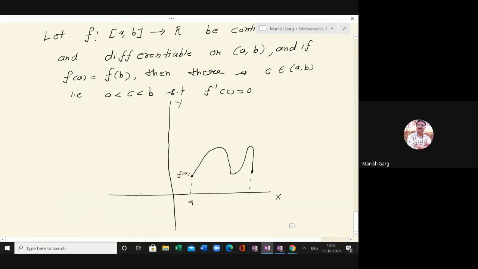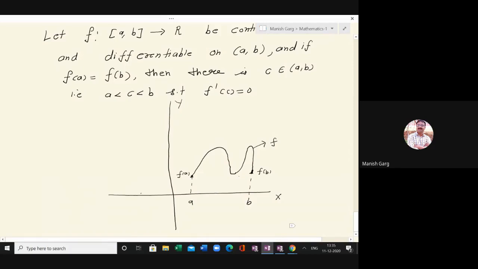This is f(a) and this is f(b), so here f(a) and f(b) are the same. This is the graph of f. So what it says: this is continuous, this is differentiable.